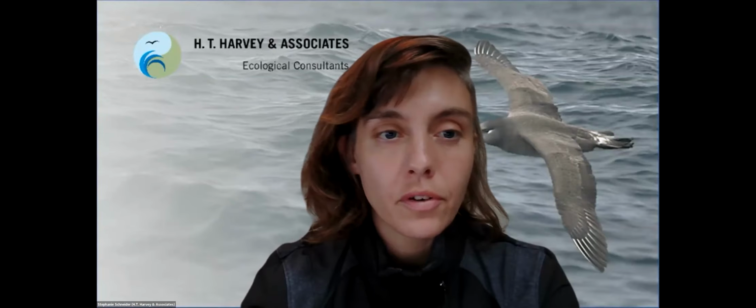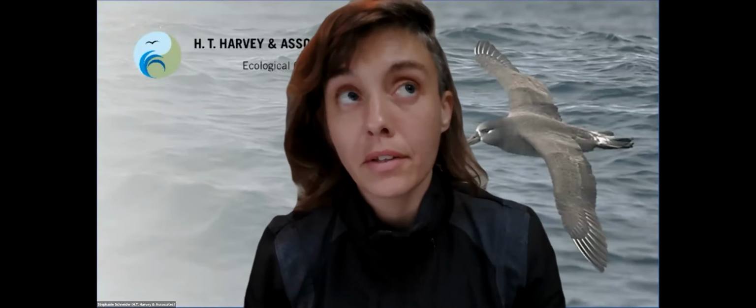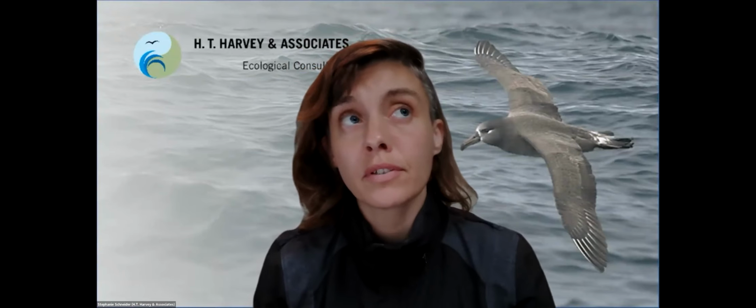I'm going to move over to some other questions. There's a question for Stephanie. What is considered shallow versus deep water for the context of this study? Yeah, that's a good question. I think there's two ways to answer that. One is just from a seabird biology perspective. For seabirds, shallow versus deep water is kind of represented by the shelf break, which is often considered the 200-meter isobath.